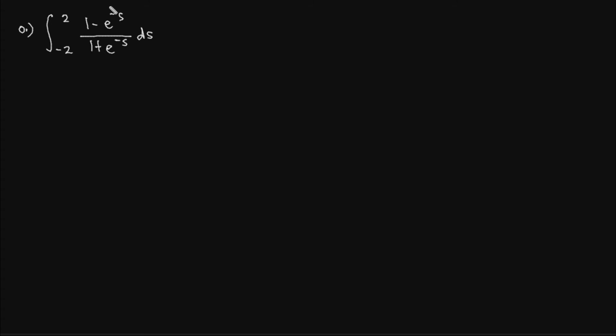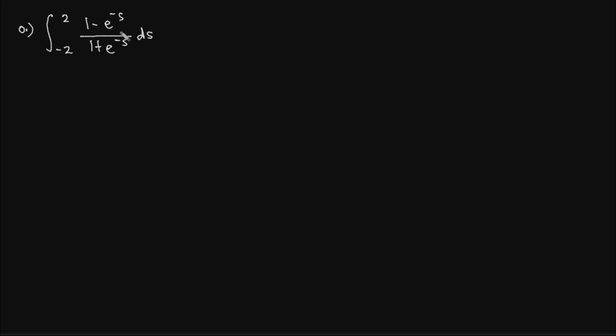Kasi we have this e to the negative s, and this exponential function is kind of very tricky when we try to redefine this. And remember, when you have a negative exponent, you have to make sure na or this rational expression where you have a negative exponent of e, you have to make sure na dapat mag-exist yung derivative niya dun sa numerator.